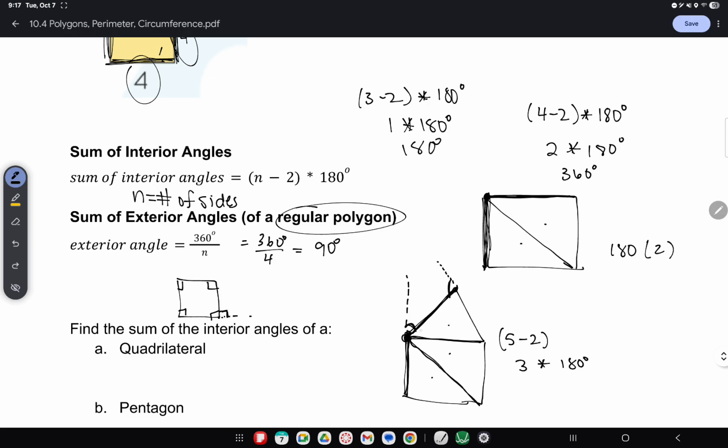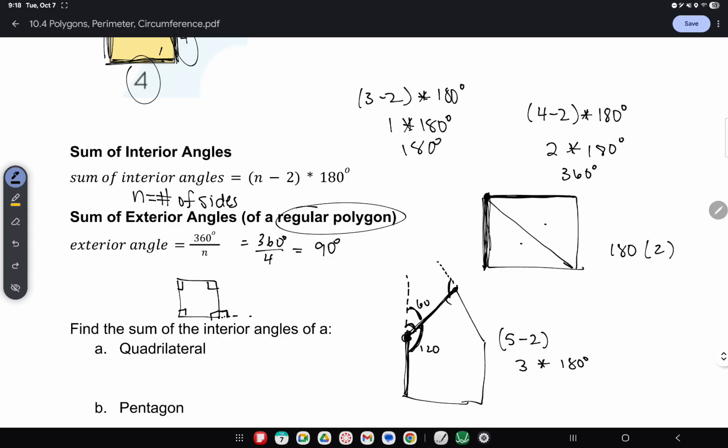So if I gave this pentagon angle measure here, let me erase my drawings. Let's say I gave this a measure of 120. Then the exterior angle is the difference between that and 180.